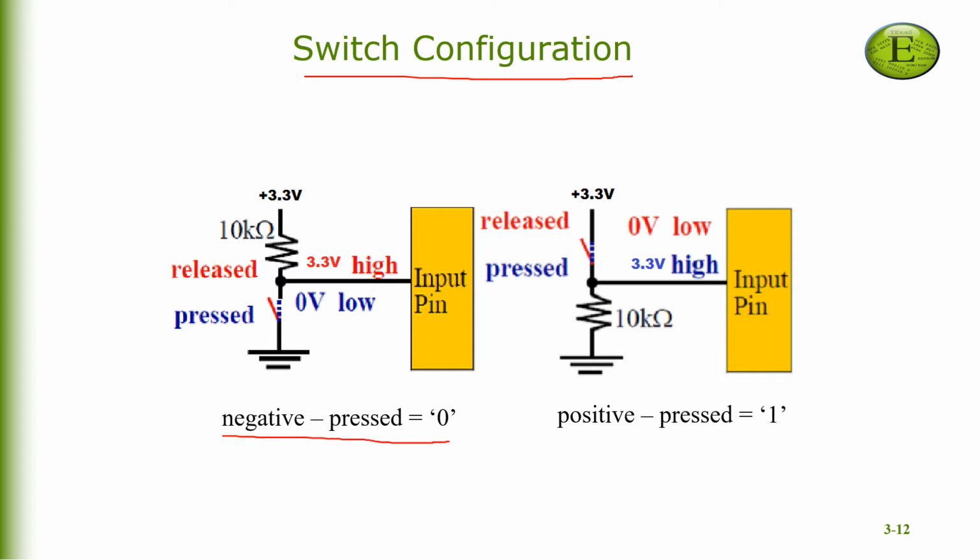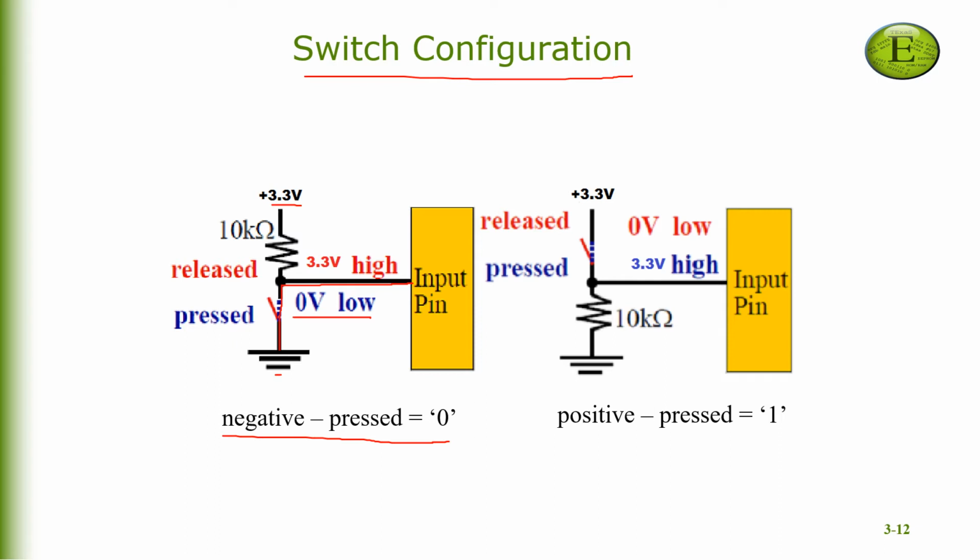First, using negative logic: one end of the switch is connected to the ground, the other end is connected to the microcontroller pin, and it is common to a resistance whose other end is connected to the positive supply voltage, that is 3.3 volts. So if the switch is pressed, the microcontroller pin will be pulled down to 0 volts. The switch press corresponds to 0 volts, that is logic low.